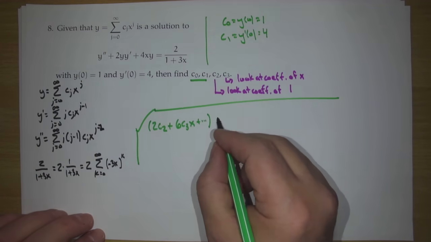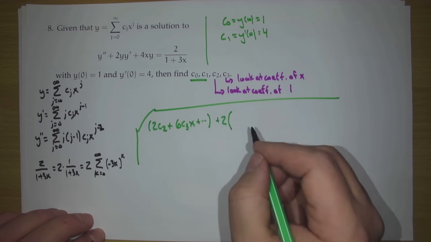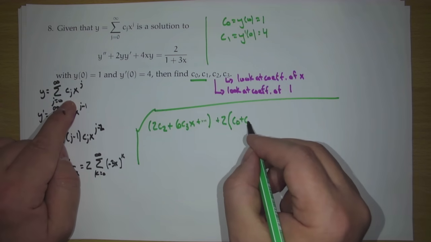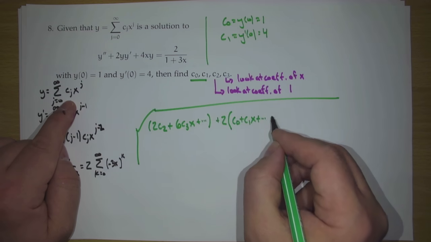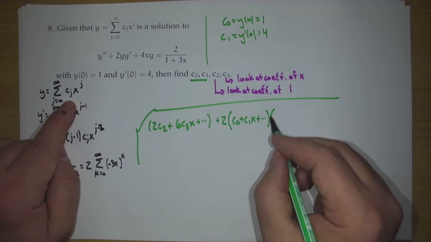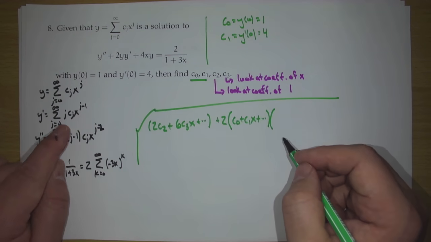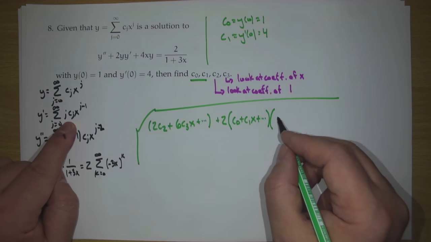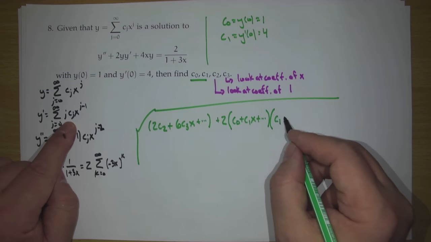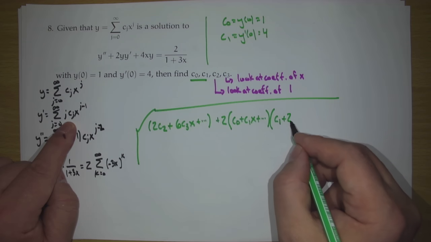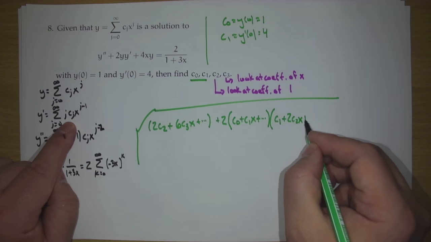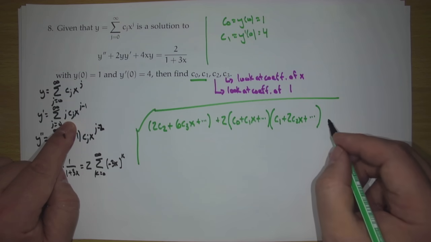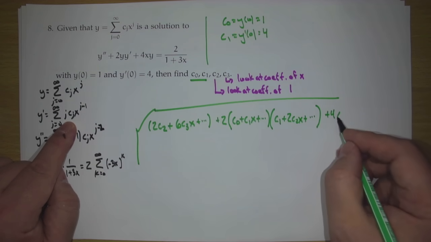Plus 2y. Well, c0 plus c1x. y prime. The first term is j equals 1. That would be c1. And then next would be j equals 2, 2c2x. And then plus 4x.